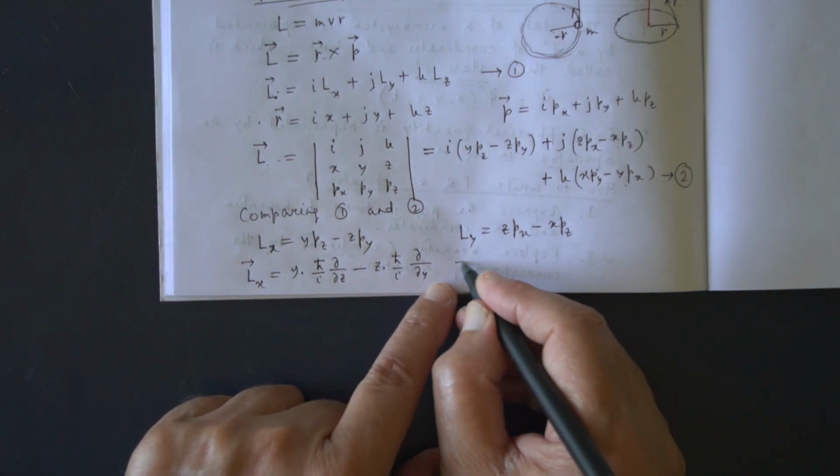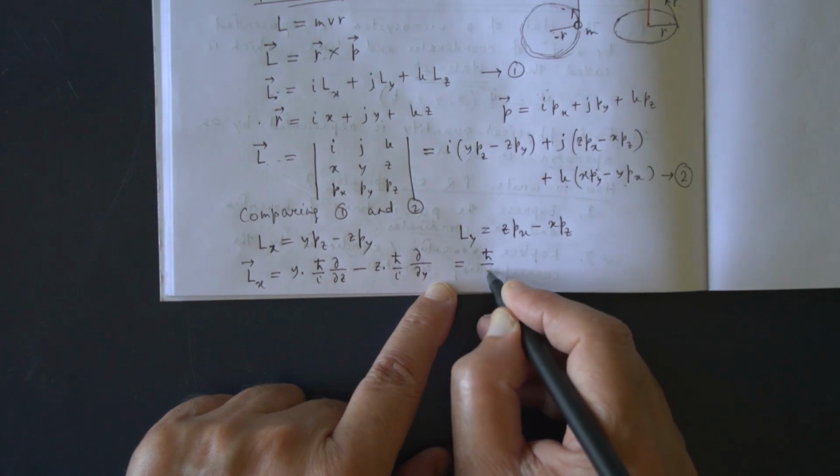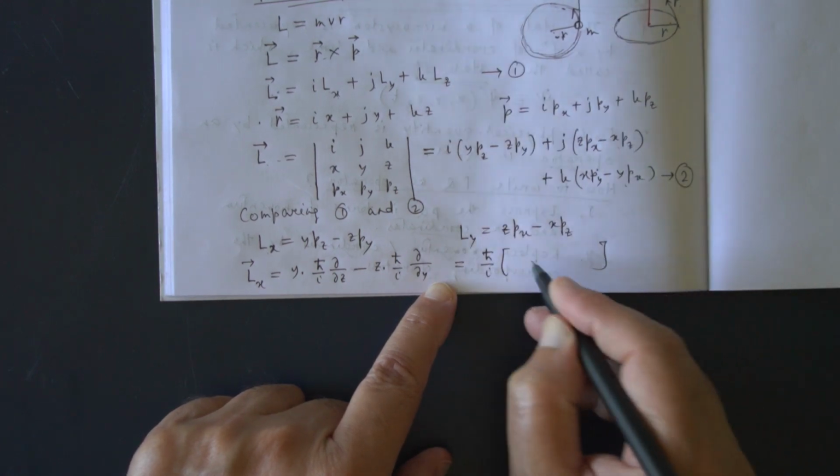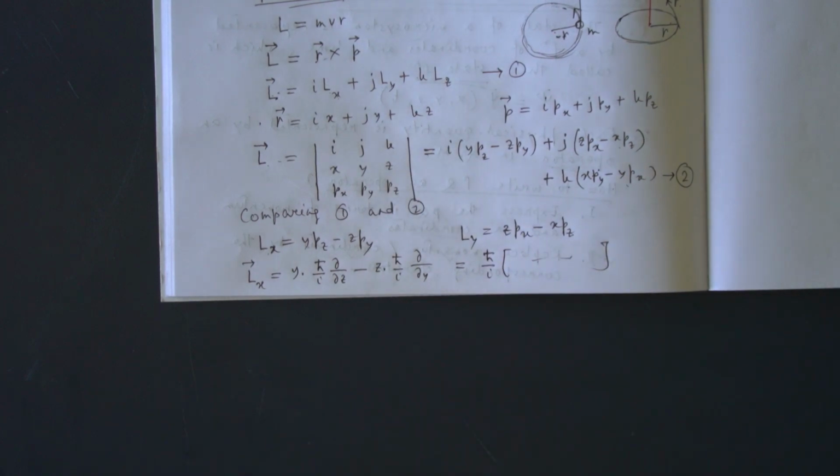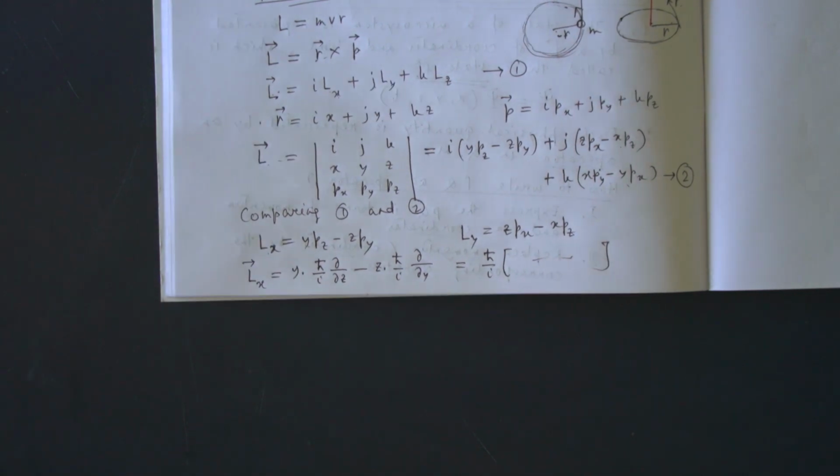You can take h bar by i common and write this. So this is how we write the operators for a physical quantity. So this is number 2. What is the second postulate? The second postulate is that we use an operator for each physical quantity.